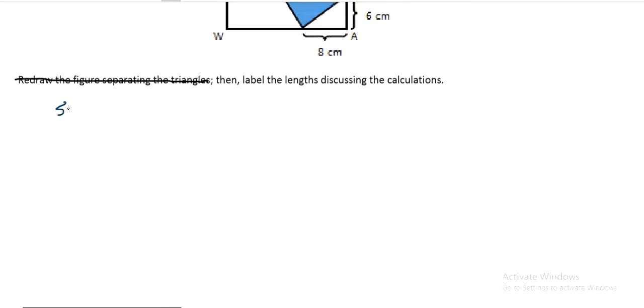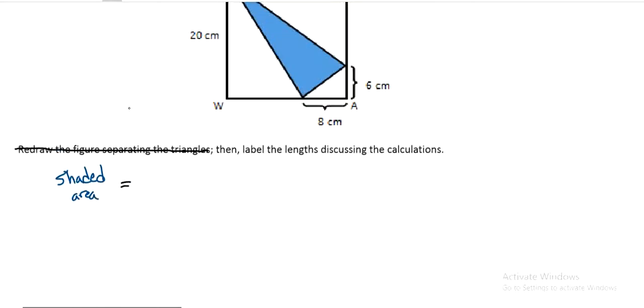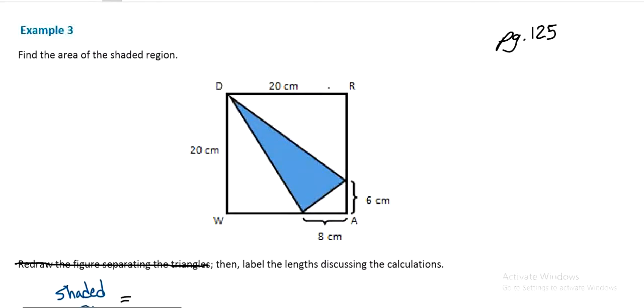So the whole point of what we're doing is we're trying to find the shaded area. And I see that I have a square, and then within the square, I have obviously the shaded region, but I also have 3 triangles.